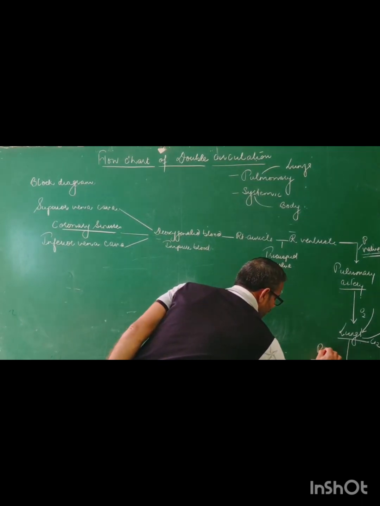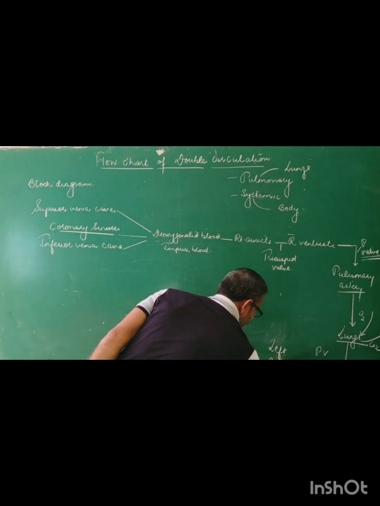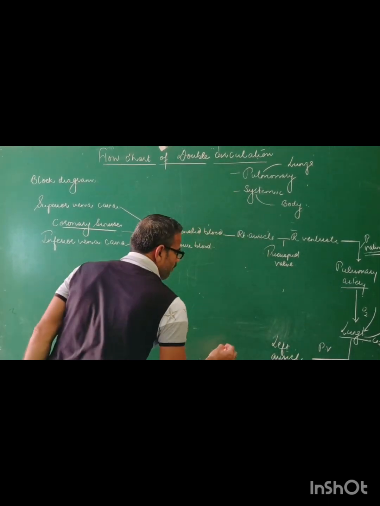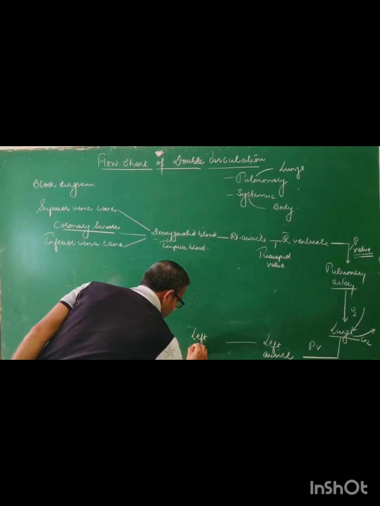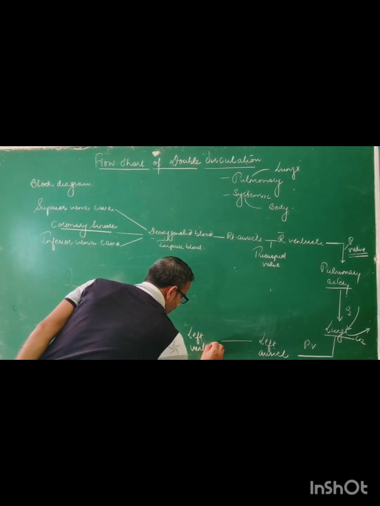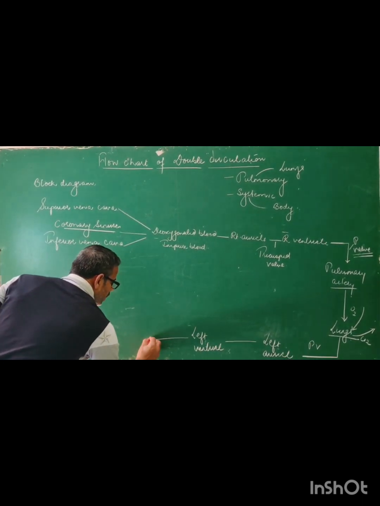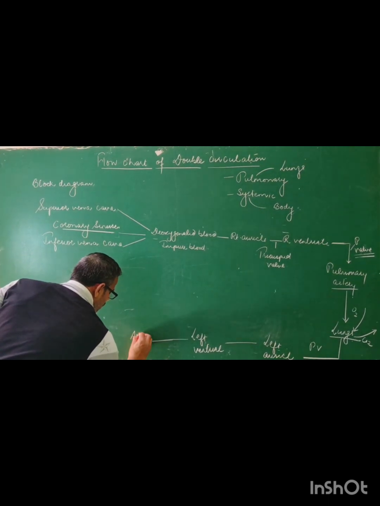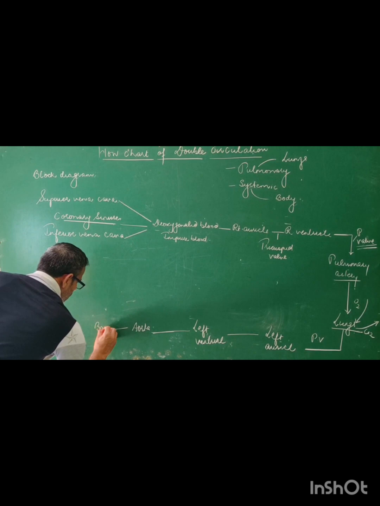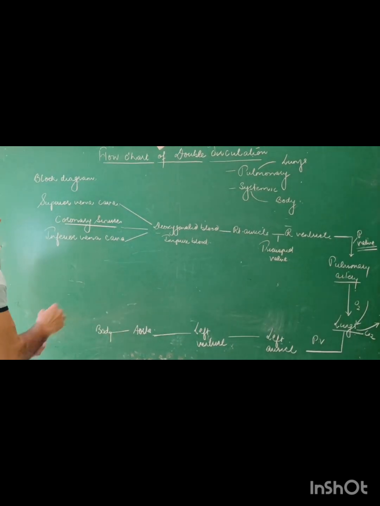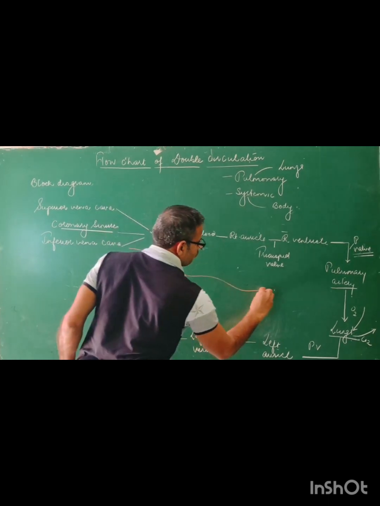It goes to the left auricle. From the left auricle, it goes to the left ventricle. From the left ventricle, it goes to the aorta. From the aorta, it goes to our body. You can label here from this point to this point.